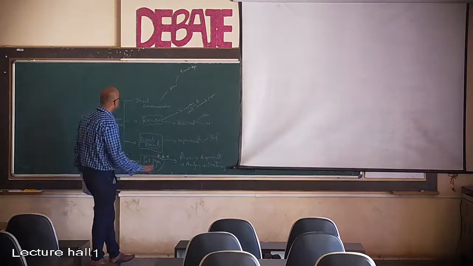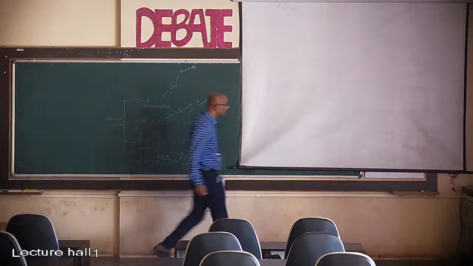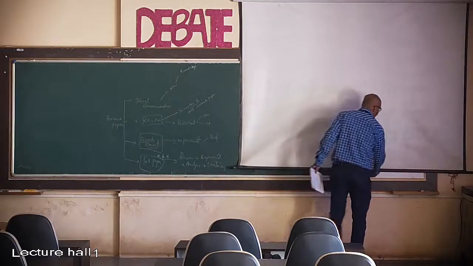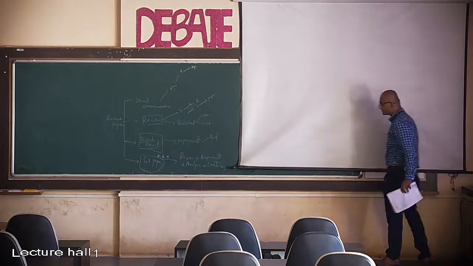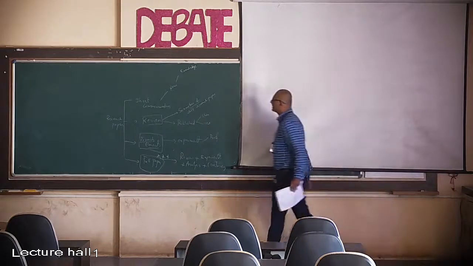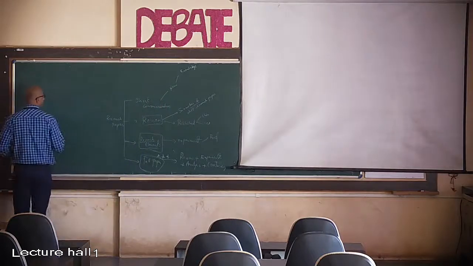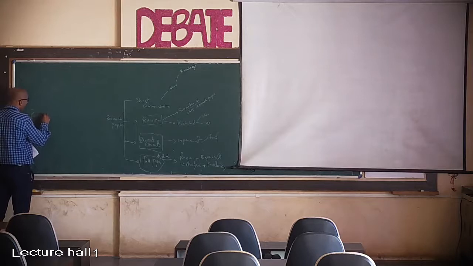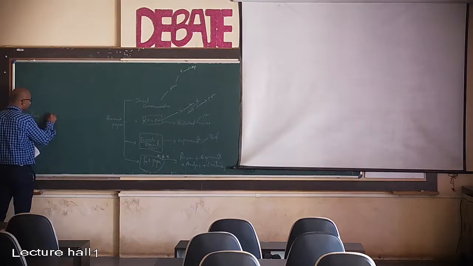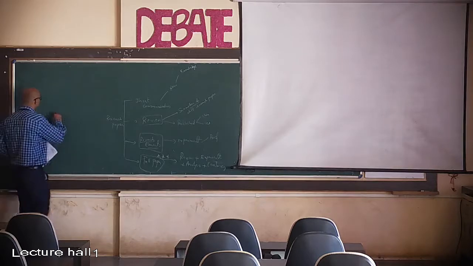Now, let us understand different types of publications that we can think about. What are the different types of publications that we can think about? We'll just discuss that. Two ways by which you can approach.